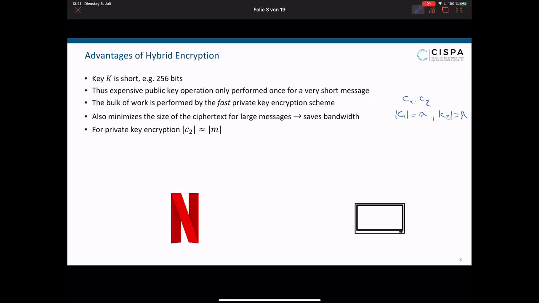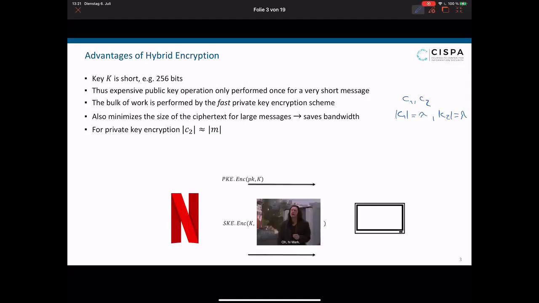Okay, here's a quick example. How is hybrid encryption used? Someone writes also in Secure Shell. Let's say you want to stream a movie from Netflix. Then this is done via public key encryption, but of course in combination with secret key encryption, via hybrid encryption.